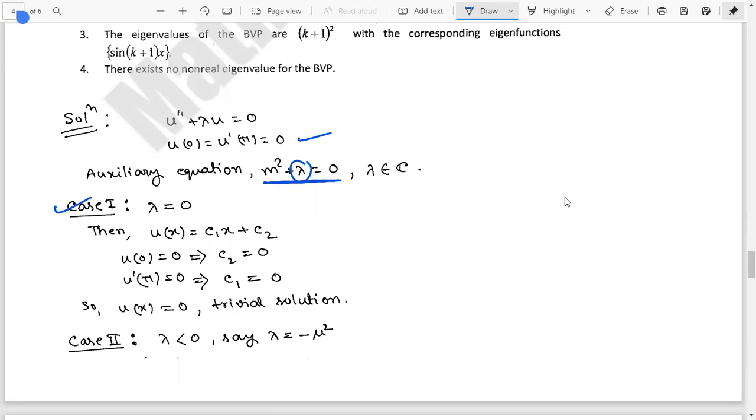In case 1, we consider λ is 0. In case 2, λ is negative. And in case 3, λ is positive. When λ equals 0, we get the trivial solution, and in trivial solutions we cannot get any eigenvalue.